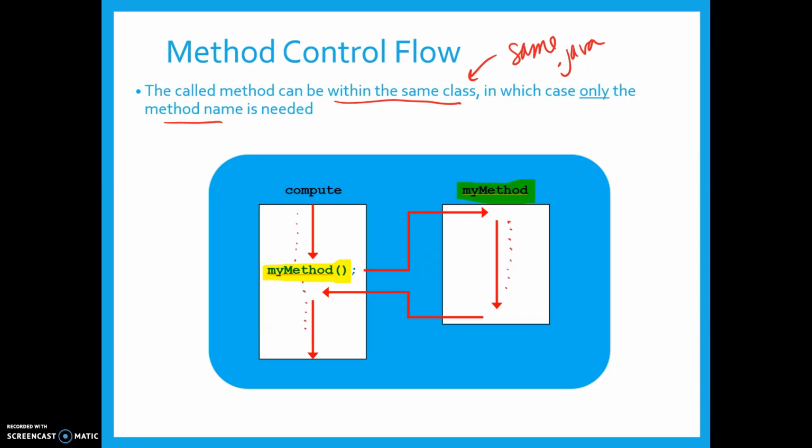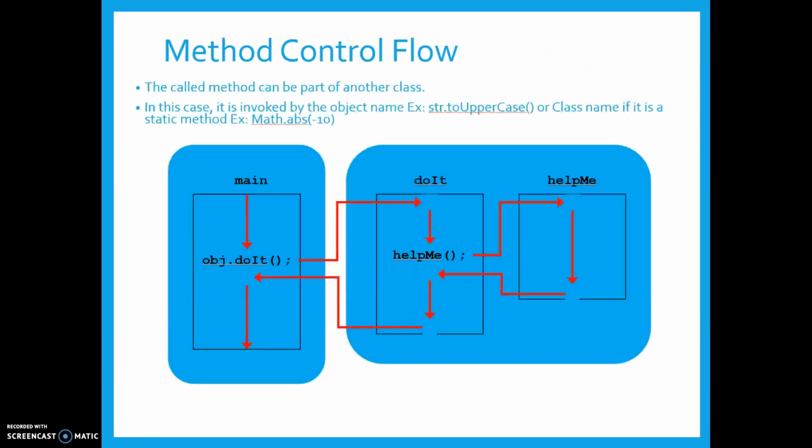Now, that's not always the case. If, for example, I was trying to call a method that was in a different class, it would look a little different. So here's another example of how our method flow of control can look. In this case, I have two different methods that I'm working with. So here I have a method that is part of another class.